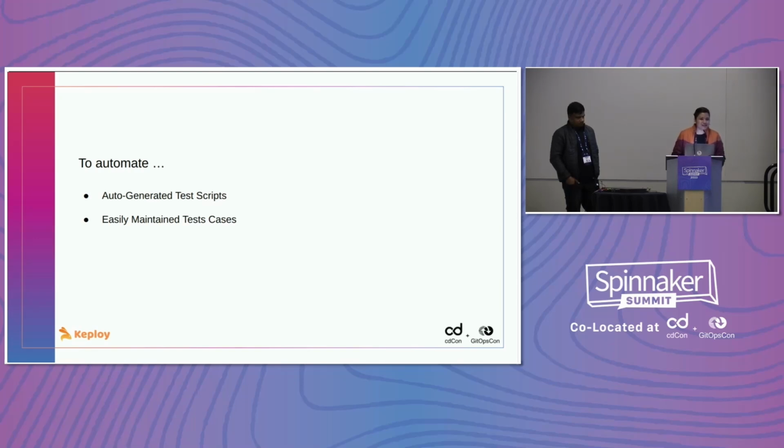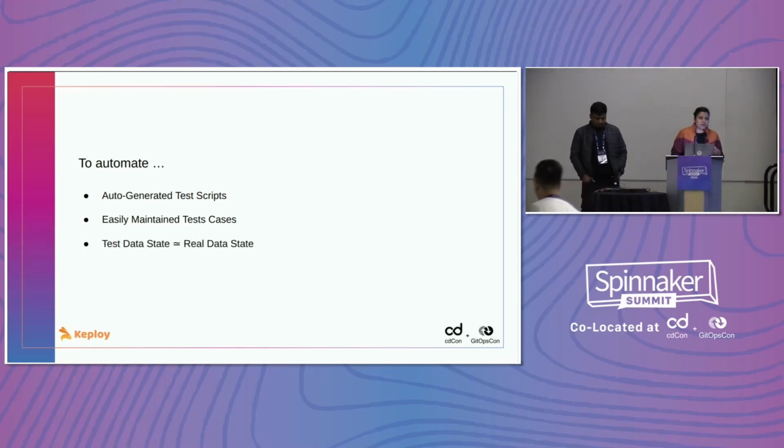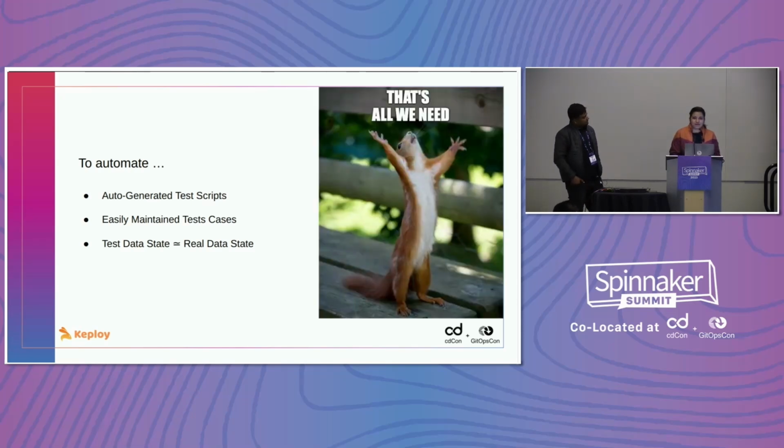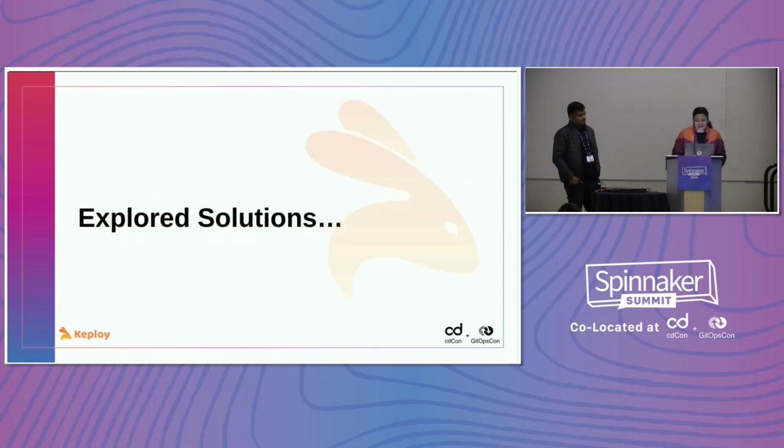So we do need to spend effort there, maybe generate stubs, etc. And the third most important thing is creating test data which is almost equivalent to the production data. We want our test data to be just like production data. So that's all we need to automate this whole testing process.